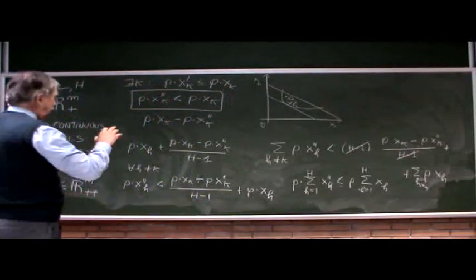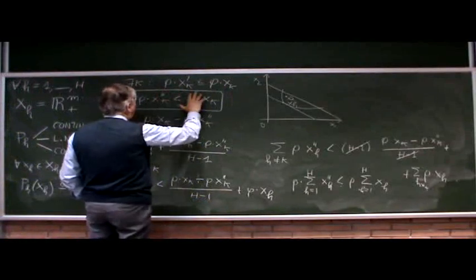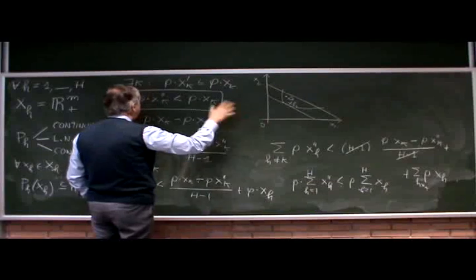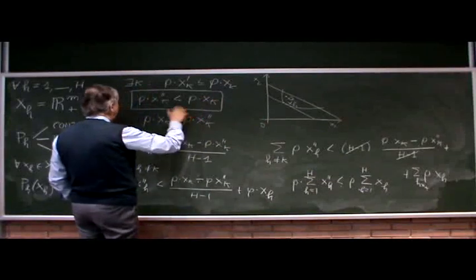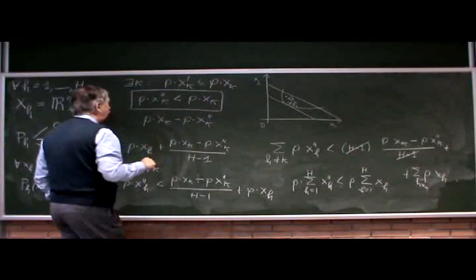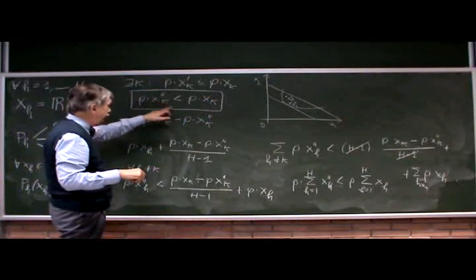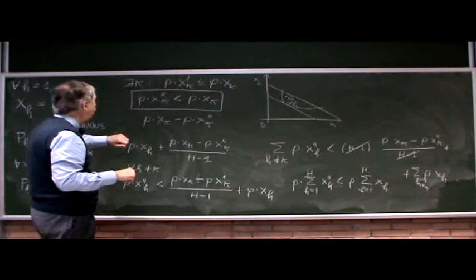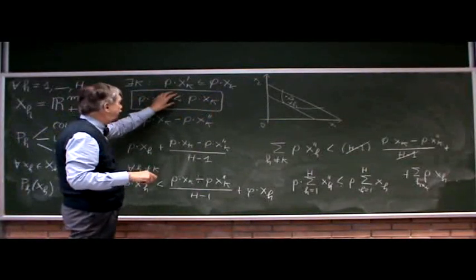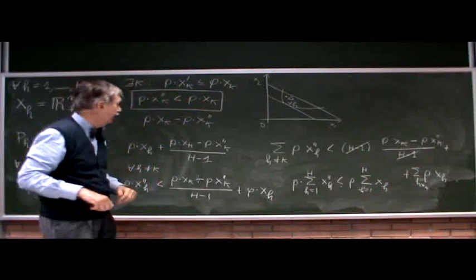But by summing this inequality with the equality proved in the third part of the theorem, you obtain this inequality. The vector x double prime k, which is preferred to xk as well, has a value which is strictly inferior to the value of xk.